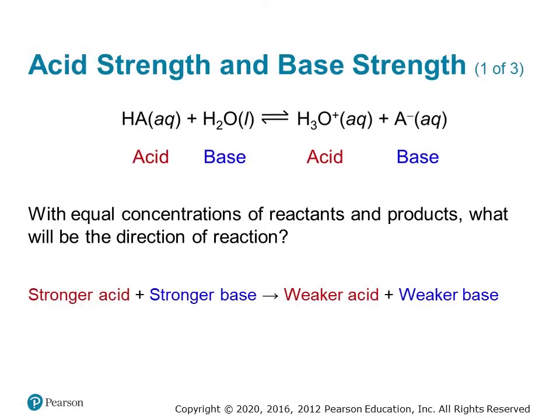Like with any equilibrium reaction, we can ask ourselves to what extent, say, an acid in aqueous solution will donate protons to water to form hydronium ions and the conjugate base of the acid. Whenever concentrations of these reactants and products are equal, the equilibrium will move in the direction that forms weaker acids and bases from stronger acids and bases, as determined by analyzing each conjugate acid-base pair.